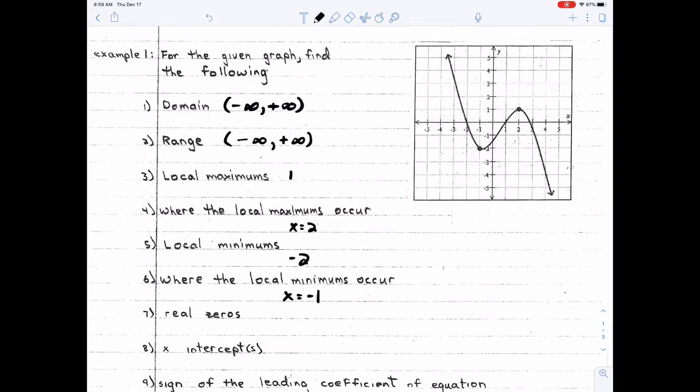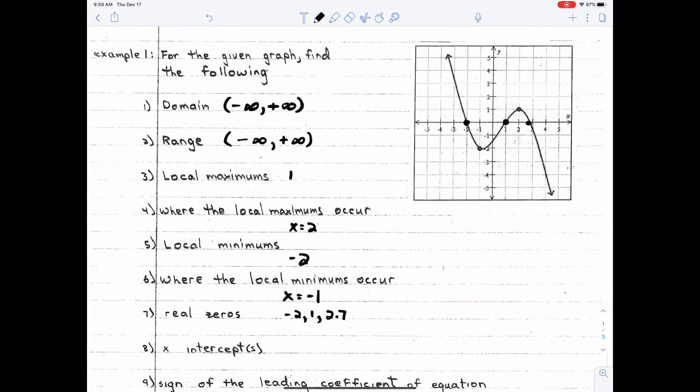An imaginary zero doesn't show up on a graph. So where are our real zeros? There's one here, there's one here, and there's one here. And that last one we're going to have to just approximate. So our real zeros are negative 2, 1, and I don't know, let's say roughly 2.7.